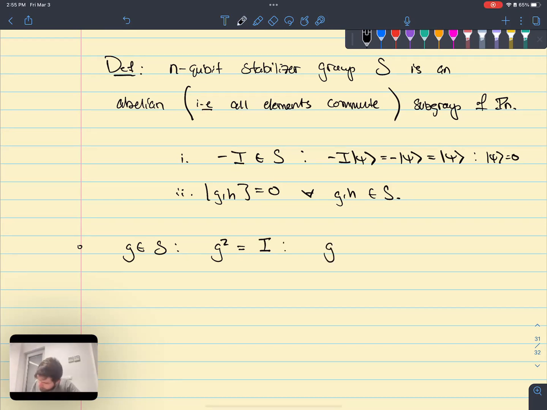That means G squared acting on some psi, if psi is an eigenstate of this, gives lambda squared times psi. Since G squared is the identity, we have that lambda squared equals 1, or that lambda equals plus or minus 1.